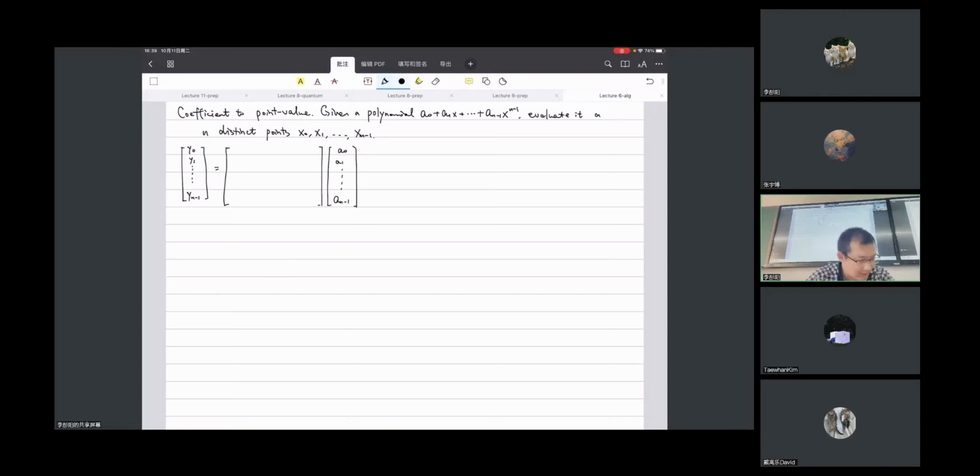To evaluate the function values, we are multiplying these matrices. So here we have the row 1, x0, up to x0^{n-1}, then 1, x1, up to x1^{n-1}, and so on, with 1, x_{n-1}, up to x_{n-1}^{n-1} in the last row.